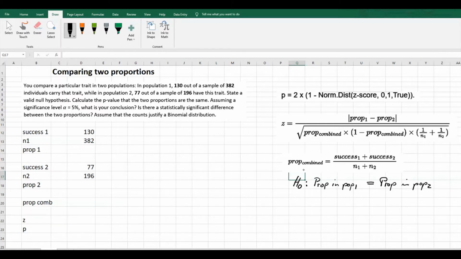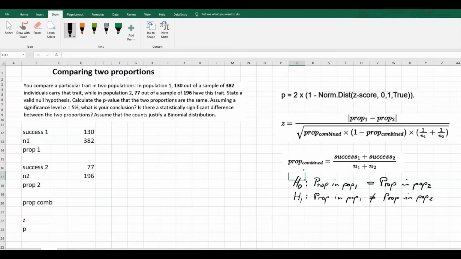Now we've got a null hypothesis. We can also formulate an alternative hypothesis where we simply say the proportion in population 1 is not the same as the proportion in population 2.